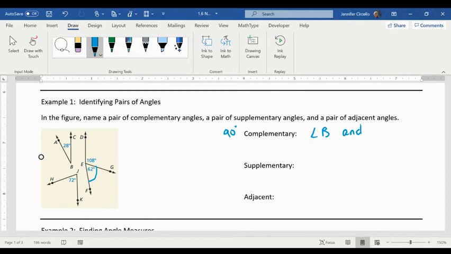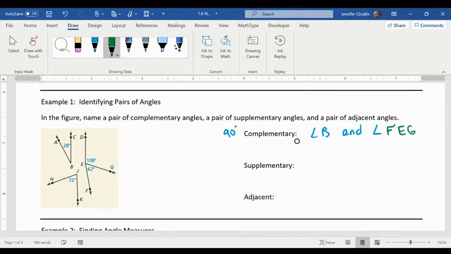So I need to use 3 letters to name that angle. If I were to draw that angle, I would either go this way or this way. To name the angle, write down the letters of the points that you pass over while you're drawing it, doing a dot to dot. So I'm going to go alphabetically and say angle F, E, G.